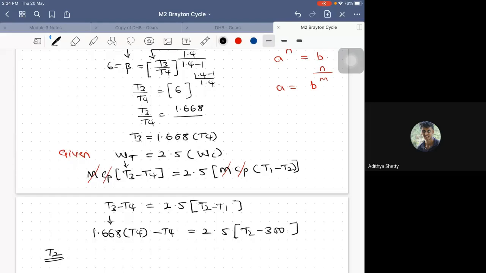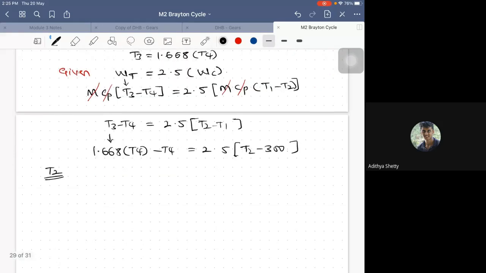Now, how do I calculate the value of T2? Pvt conversion equation. For which process should I apply? 1 to 2, which is adiabatic compression. Very good.